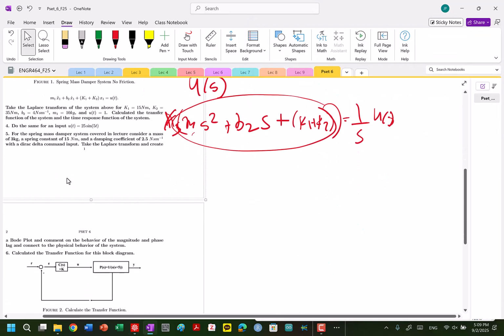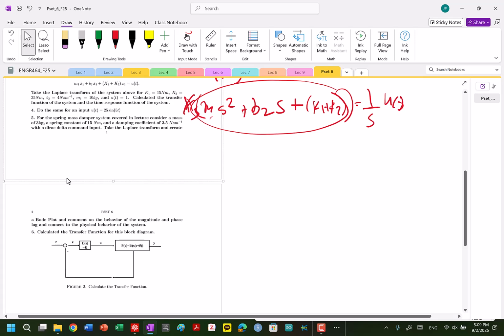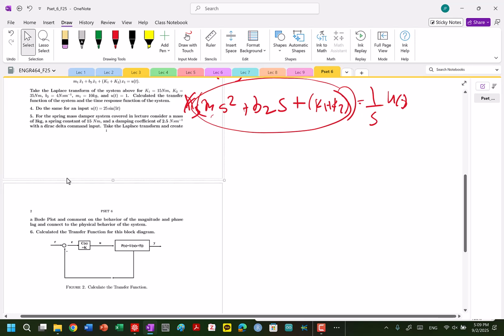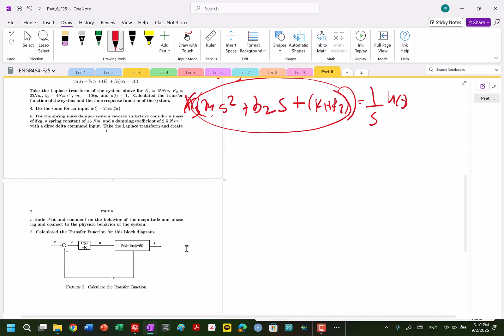Fantastic. Now, for the spring mass damper system covered in lecture, consider a mass of 3 kilograms, a spring constant of 15, and a damping coefficient of this, with a Dirac delta input. Take the Laplace transform, create a Bode plot, and comment on the behavior of the system. So we know our great friend, the spring mass damper: ms squared plus bs plus k is going to be equal to our input.